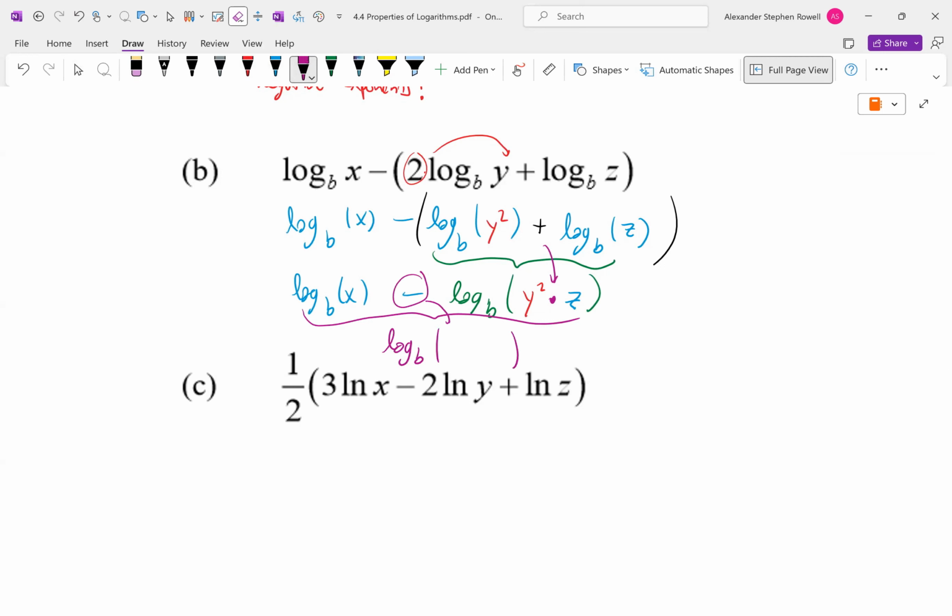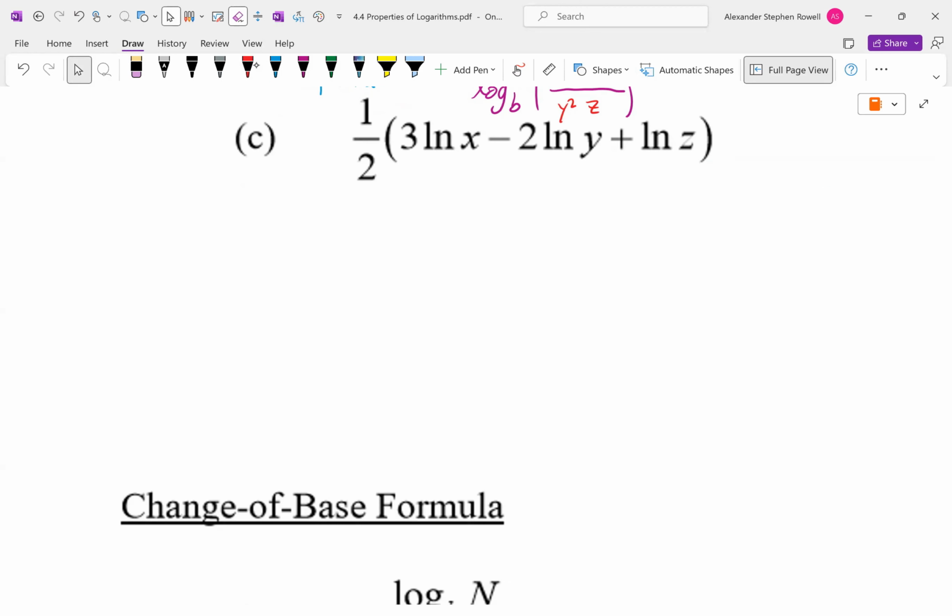So the negative makes it into a fraction. On the top is the x because it's a positive. On the denominator, because this is negative, it becomes a y squared z on the denominator. So we expressed it as a single log with coefficient 1. Any questions about this?